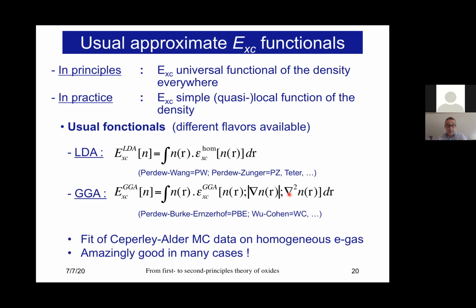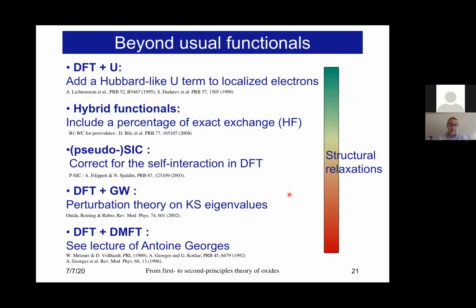Of course, this is not working for everything. And there are many flavors to go beyond the usual functionals. One way is to do DFT plus U, in which we add a Hubbard-like U term to localize electrons. That's one way that is used in practice to address correlated oxides.